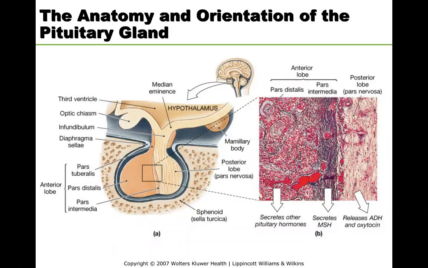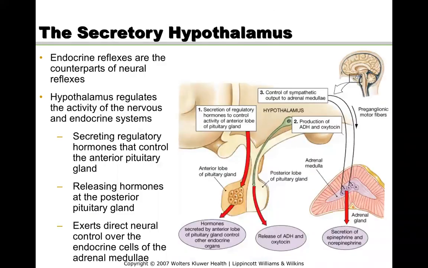The hormones that are released from the hypothalamus are known as the regulatory hormones, because they regulate the release of hormones from the anterior pituitary. Okay. So going back to what we were learning, here you can see this is the hypothalamus and this is the infundibulum, and this is the anterior pituitary, also known as adenohypophysis. This is the posterior pituitary, also known as neurohypophysis.